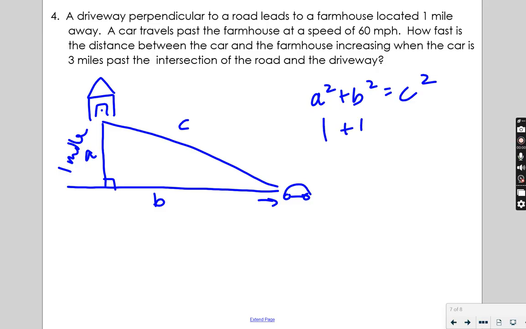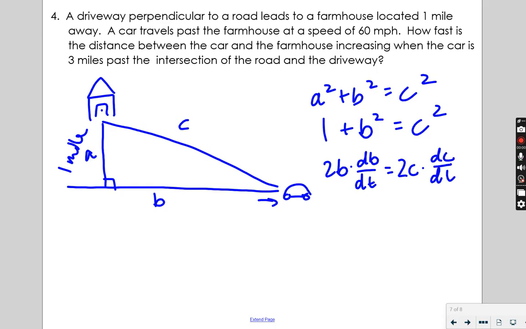So 1 plus B squared equals C squared. Now we can take the derivative. What's the derivative of 1? 0. Okay, so we're going to go to the B squared. That would be 2B times dB/dt equals 2C times dC/dt.